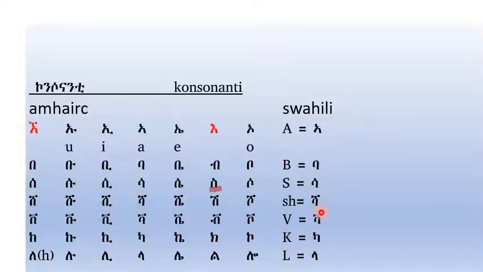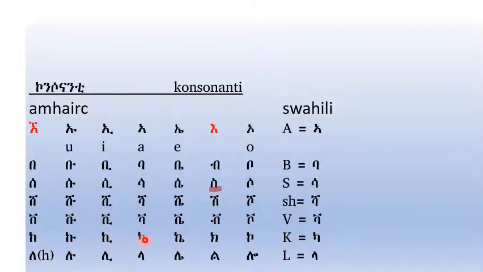This is our sha. One good point to writing Swahili in Amharic, you avoid writing two letters. Only one letter, sha. Then vu, vi, this is our va, vo. Vu, vi, va, ve, vo. Then our ka, it starts with ka.